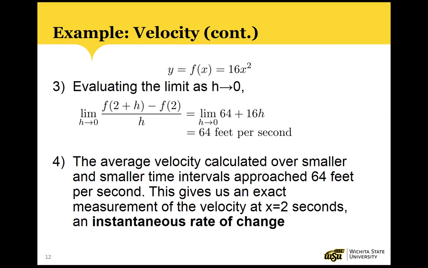The average velocity calculated over smaller and smaller intervals approaches the value 64 feet per second. This gives us an exact measurement of the falling velocity when x equals 2 seconds and represents an instantaneous rate of change.